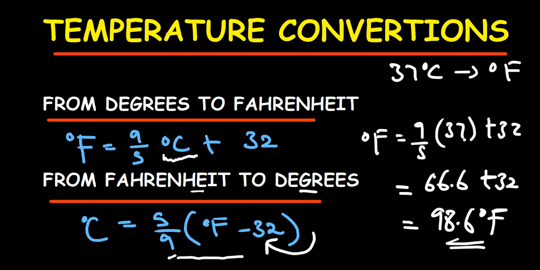You convert that temperature from Fahrenheit into degrees Celsius, and then once you have that temperature in degrees Celsius, you convert it to kelvins. The method for directly converting from kelvins to Fahrenheit is a little bit complicated, so it is not advised. You can just convert from Fahrenheit to degrees and then to kelvins, or kelvins to degrees and then to Fahrenheit, because those are the ones that have been given the standard formulas.